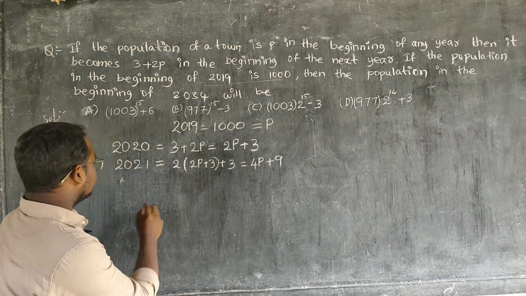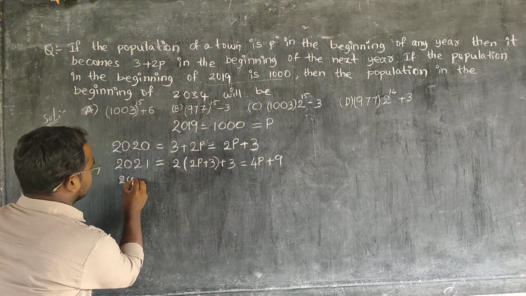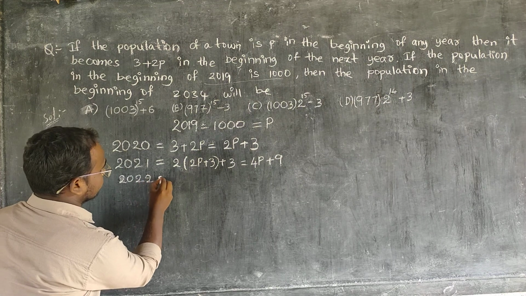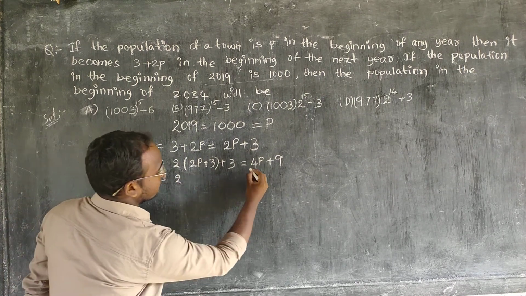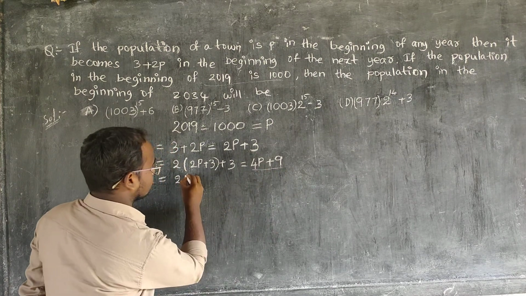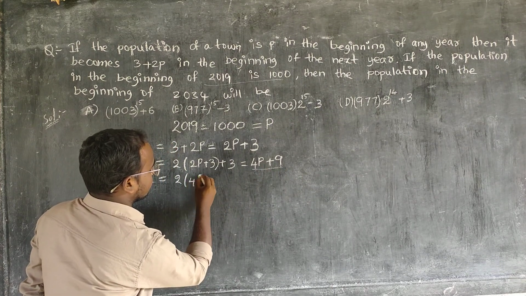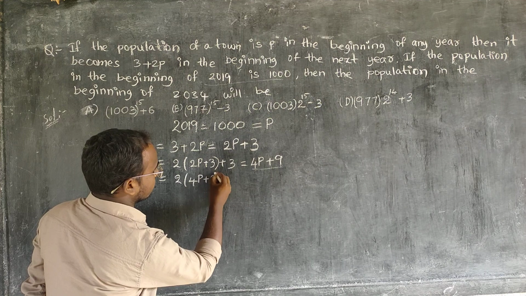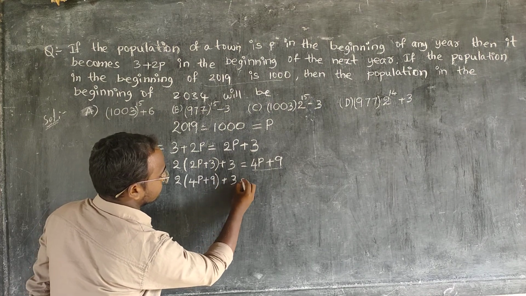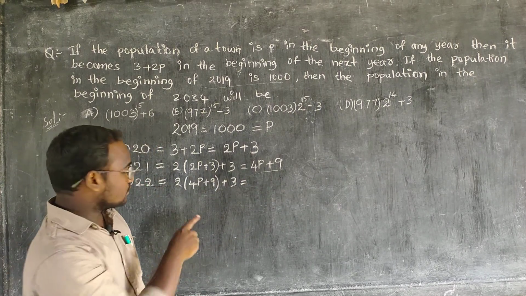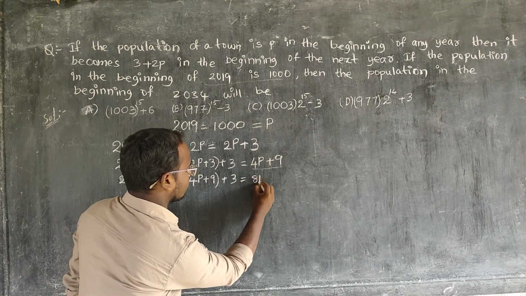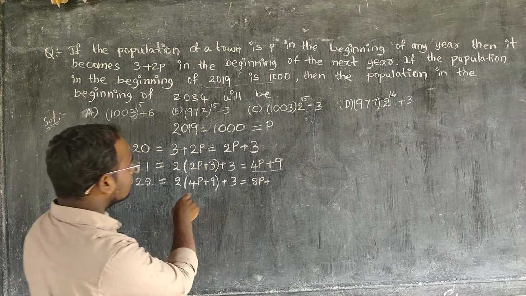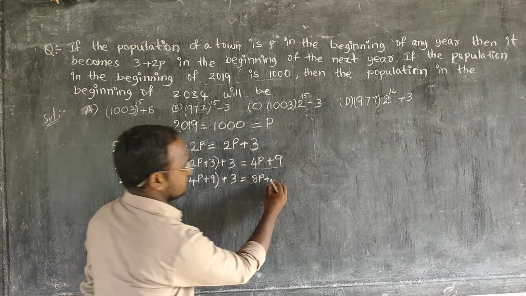Okay. In 2022, here also the same, 2 times the before year population: 2 times (4P plus 9) plus 3, that is equal to 2 fours are 8P plus 2 nines are 18 plus 3, 21.